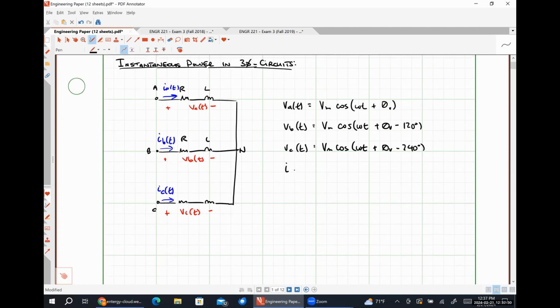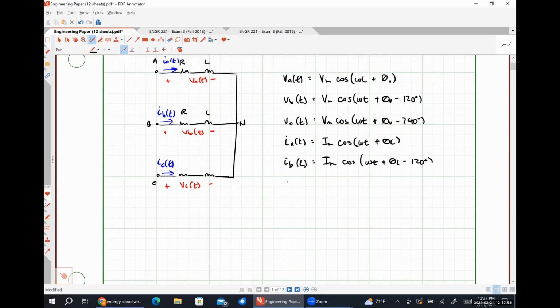Our currents can be expressed in a similar fashion. So we would have Im cosine omega t plus theta I for our A phase. Im cosine omega t plus theta I minus 120 degrees for our B phase.